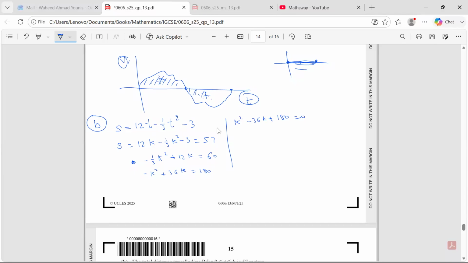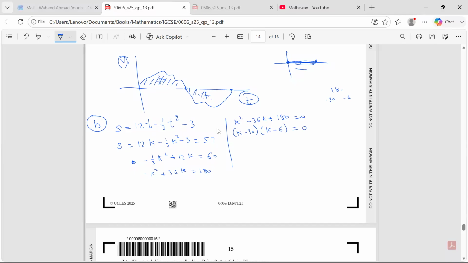We need to solve this equation. I need to factorize it. The factors of 180 can be 30 and 6, and they both have to be negative. So it is going to be (k minus 30) times (k minus 6) equal to 0.